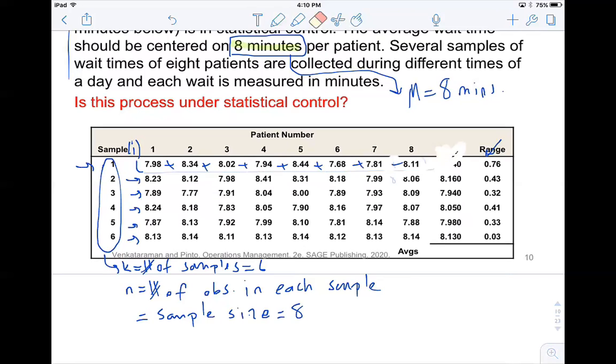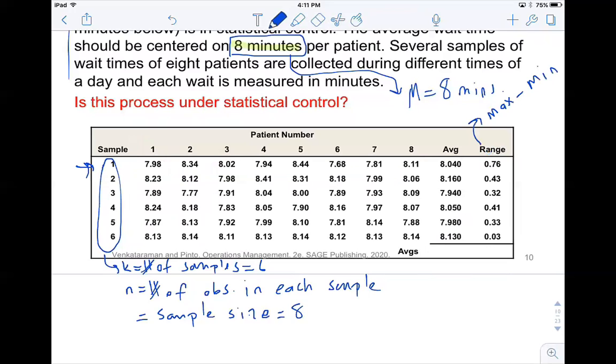And for the range values, if you have taken stat, you know what a range value is and how to calculate it. The way that we calculate range is very simple. For a specific sample, range value is just the max value in that sample minus the min value in that sample. For sample 1, let's try to find the maximum value in this set.